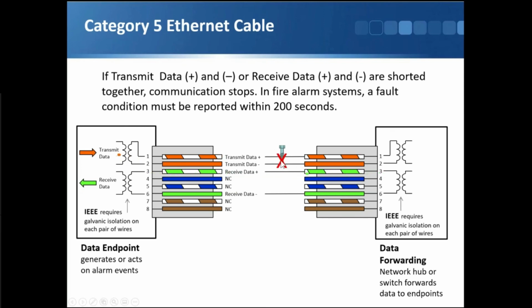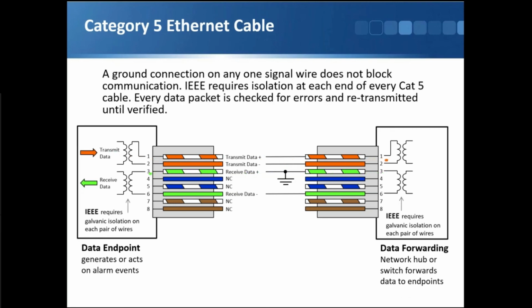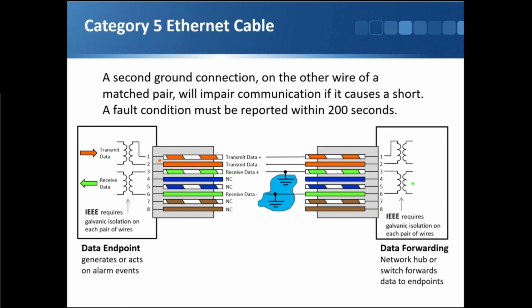So that's something we would want to predict. Again, the other side could say, hey, I'm not seeing any, I mean, the panel side could know that, hey, I'm not talking to that endpoint anymore. But we're focusing on the short here because this was the reason that they added those 2 extra sections in the 2013 edition.